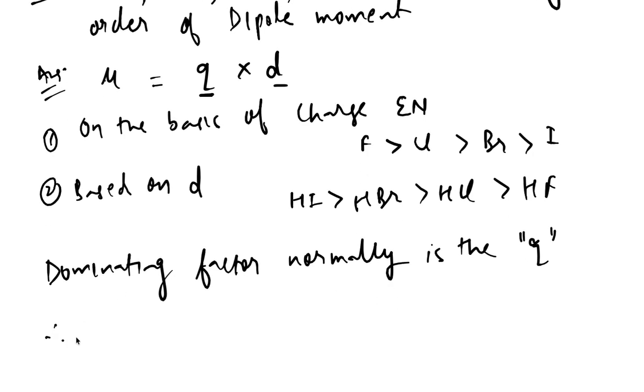Therefore, the dipole moment will vary as HF, then HCl, then HBr, then HI. Okay, in most of the cases, but there are exceptions also. So in the next few videos we will talk about those exceptions, but as of now just remember, if you have a trend where both the factors are working in the opposite direction, first pay attention to the electronegativity, that is the charge separation.